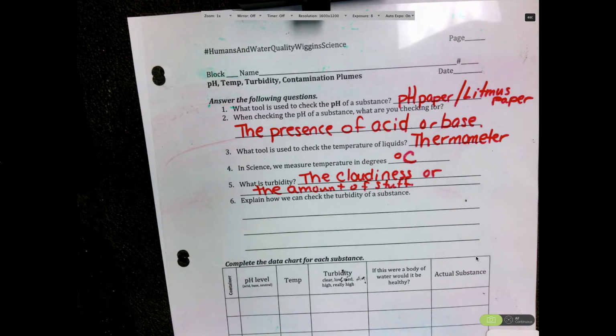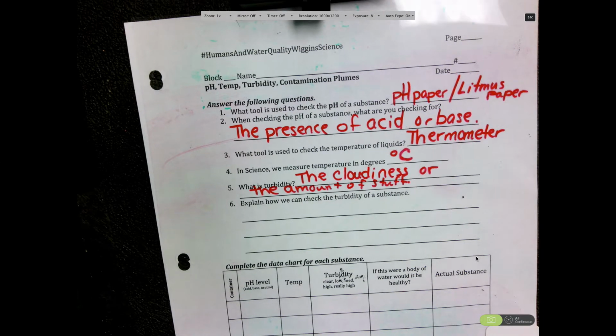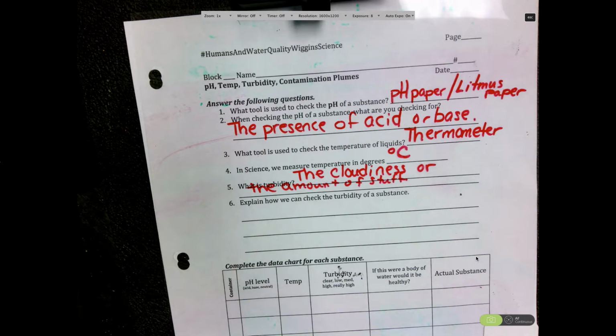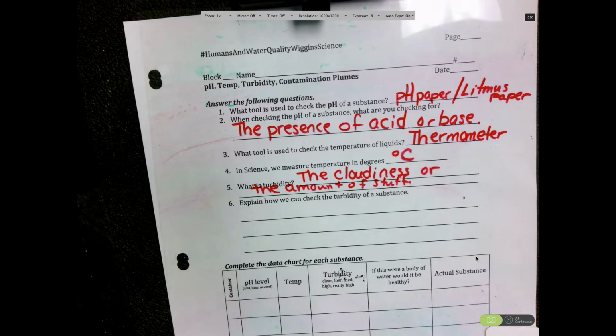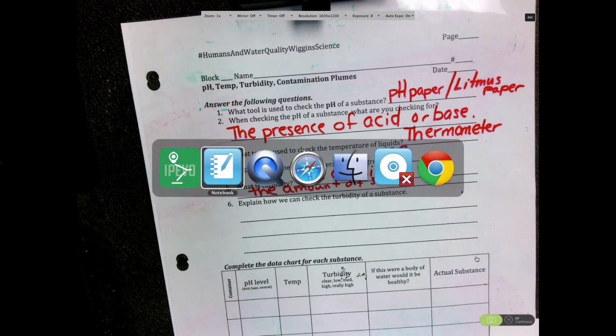How do we check for turbidity? Okay. So what he said is we take a sample of it, we put a strip on the wall, and we put it against there and see if we can see it.